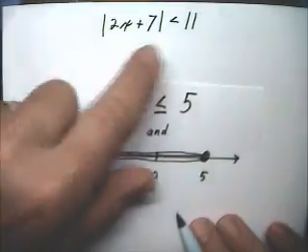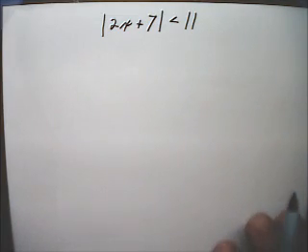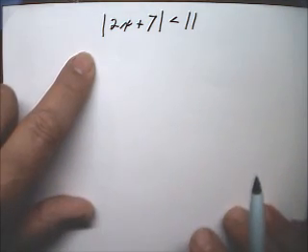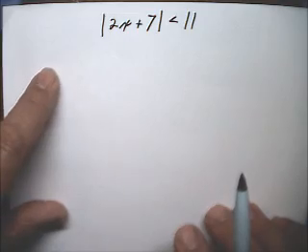So that's what we have here. We have 2x plus 7 is less than 11, so this will be an AND condition.